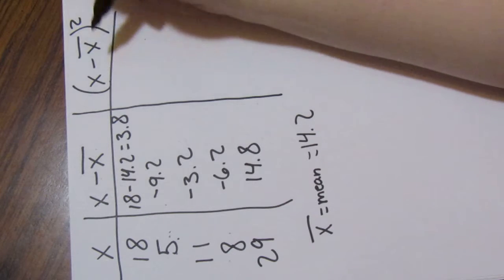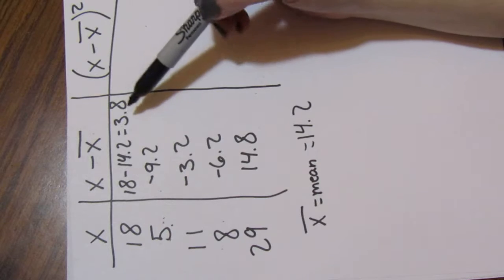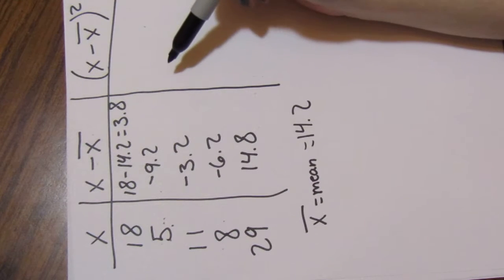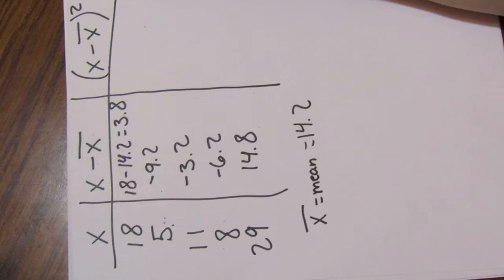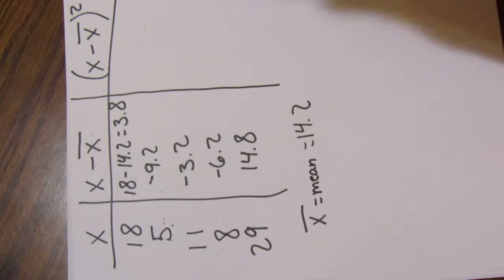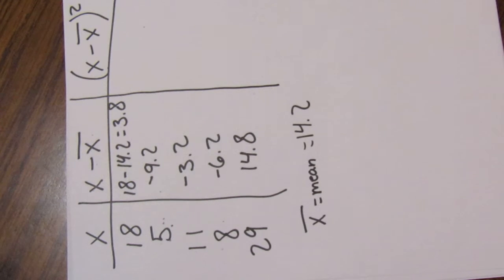squared. So the mistake that I made here at first was, I took 3.8, squared it, and that came out to be negative 14.4. What happened is I didn't involve the square in the equation, and a negative times a negative is always a positive.